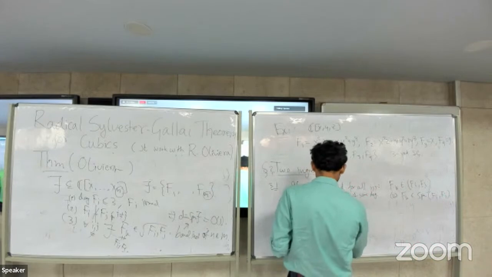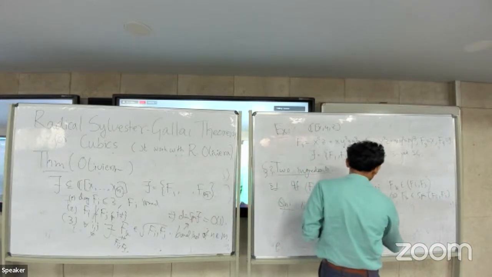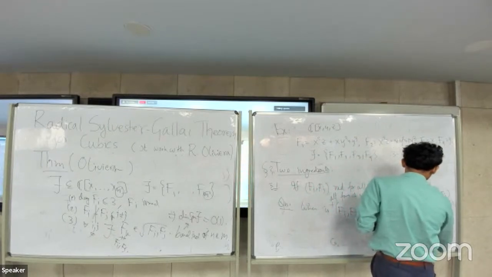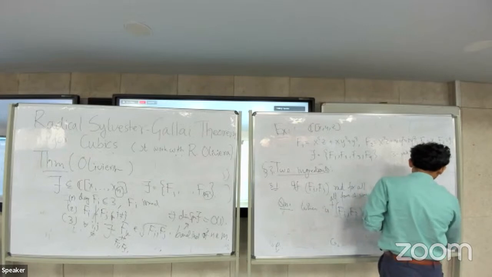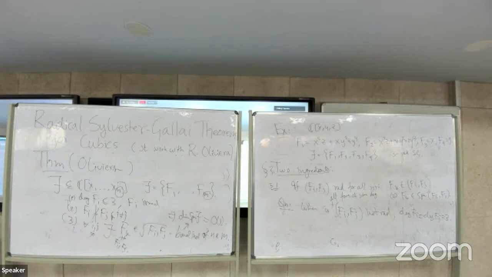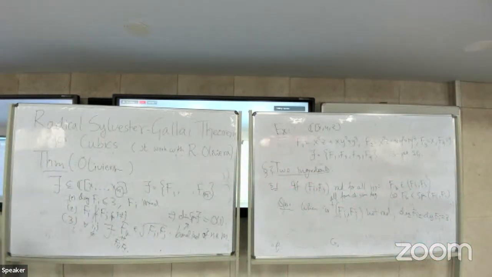So when is (Fi, Fj) not radical, when the degree of Fi equals the degree of Fj equals 3? I'm asking, I have 2 irreducible homogeneous polynomials of degree 3. When is the ideal not radical? Can we get some structure about these polynomials under the assumption that the ideal is not radical?